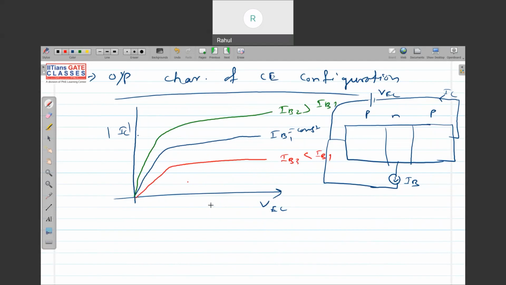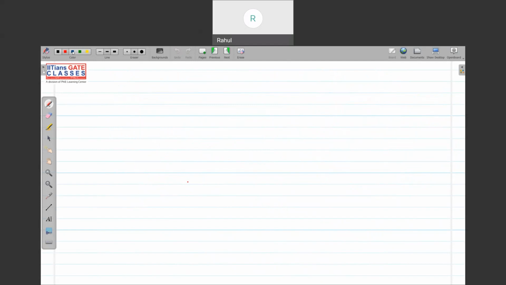So there are various curves we get for different base currents. How we get this characteristic and how it is useful for the amplification process, we will understand. First we will start from base current equal to 0. Let us first concentrate on only one curve.